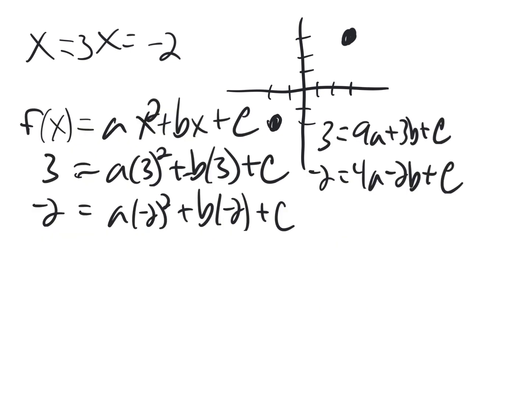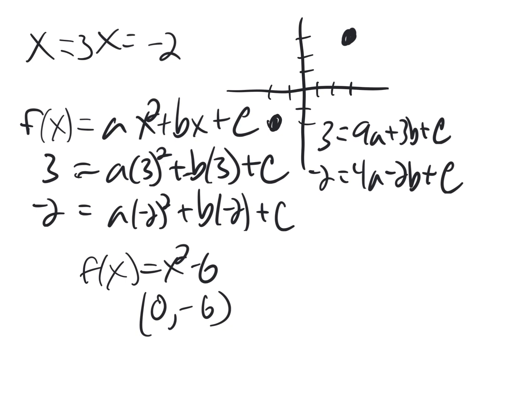Okay, so in your equation, you wrote f of x equals x squared minus 6, and that certainly worked, and you showed that it worked. So then I said, well, what happens if (0, -6), which is the vertex of that equation, should work in this thing.